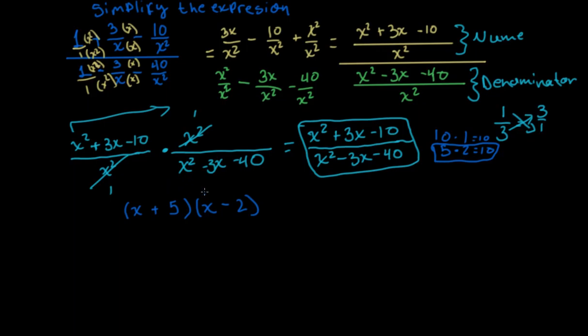Alright, so now we're going to factor the denominator. 40 is 40 times 1, 10 times 4, and I think we have another factor pair for 40, which is 8 times 5. Yep. I think 8 times 5 is going to work because we're trying to look for a -3.